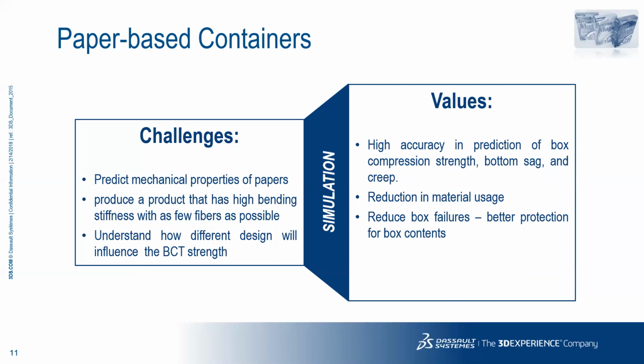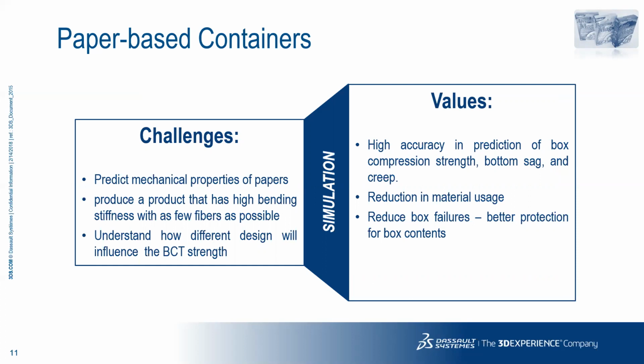If you think of a paper material, that's very different from your usual aluminum or steel material. It behaves differently in tension and in bending, so the properties do not port over perfectly. You need a different kind of constitutive model to handle it. But if you think of it from a high level perspective, you need a product that has high bending stiffness when you're making a paper based container with as few fibers as possible to reduce the material cost.